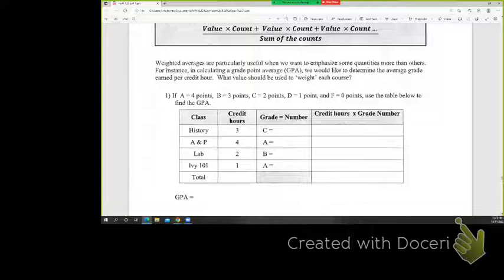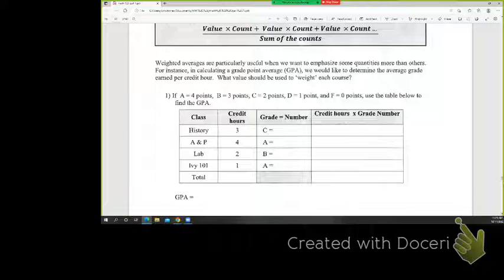So in this case, these are some Ivy Tech classes. They've got a history, an anatomy and physiology, a lab, and the Ivy 101, which is like an introduction to Ivy Tech. So they're not all weighted the same because the one class probably only meets 1 hour a week, whereas that anatomy physiology class is a 4-hour meeting plus outside of class.